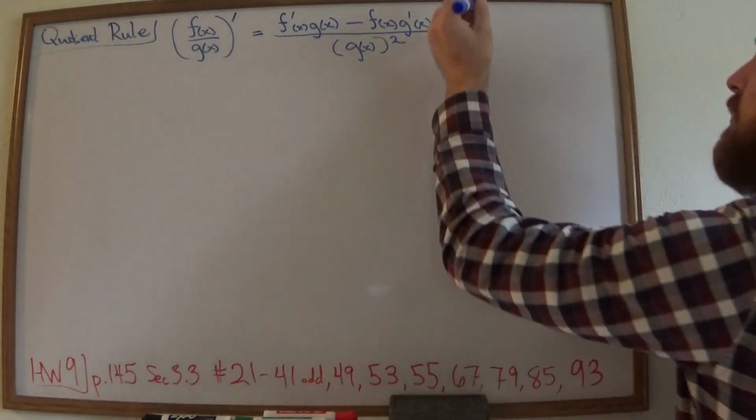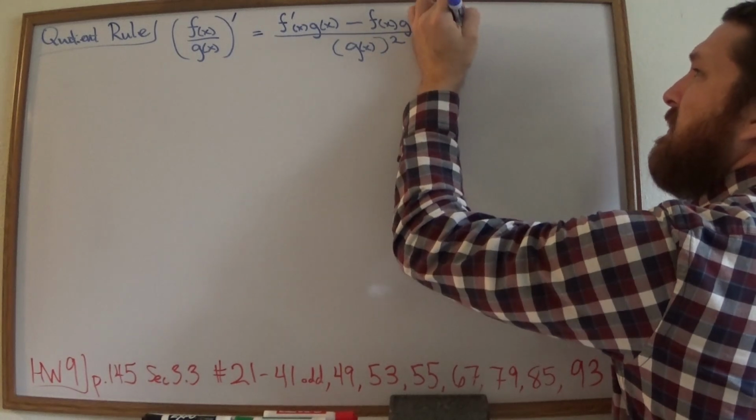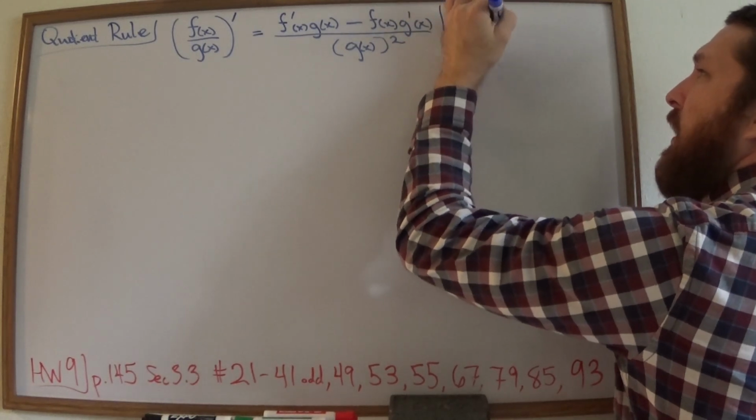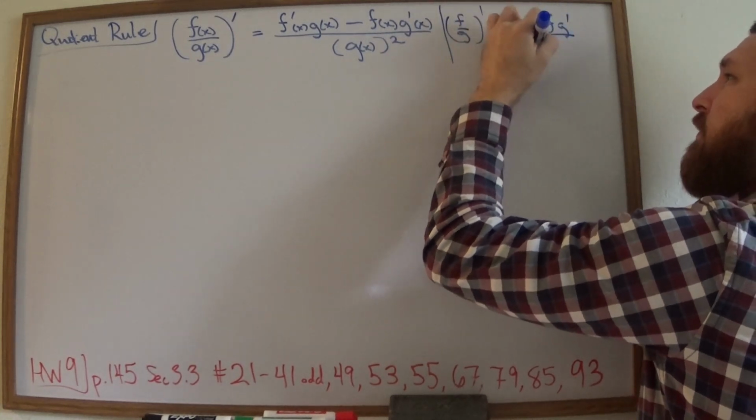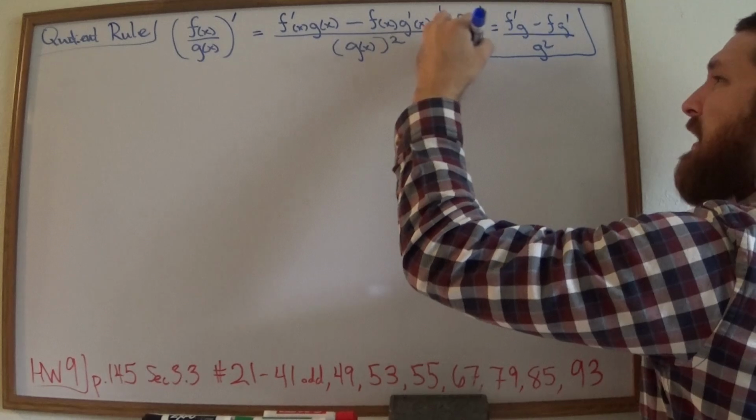Not too bad, right? I would write it like this: F over G prime is F prime G minus F G prime over G squared. That's how I keep that in my head.